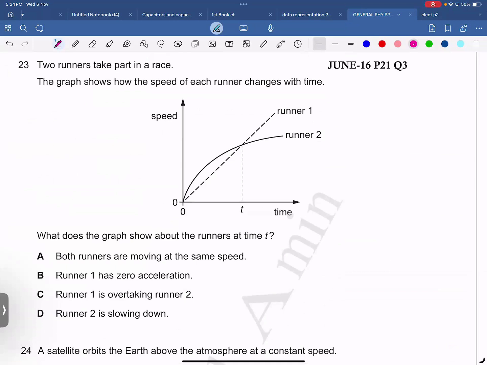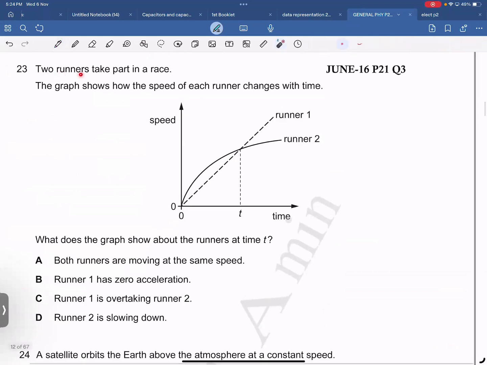Question number 23. Two runners take part in a race. The graph shows how the speed of each runner changes with time. Runner 1 speed time graph, a straight line means constant acceleration. Runner 2 speed time graph, acceleration is decreasing. What does the graph show about the runners at time t?